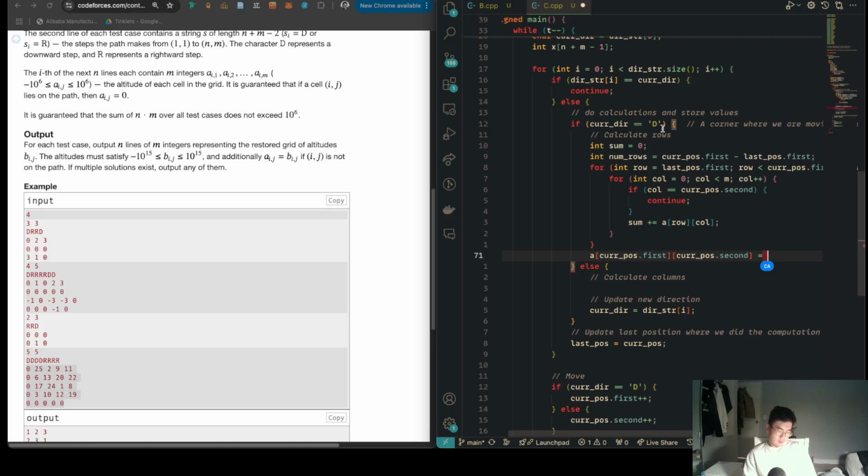These two are equal. They have 1 equation, 2 unknowns. Like, it doesn't work. In the general case, you have n equations and n plus 1 unknowns. It's actually so annoying.